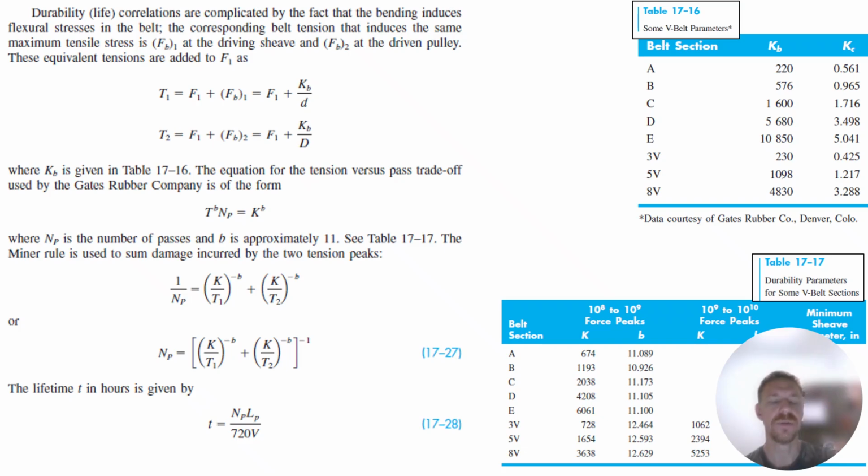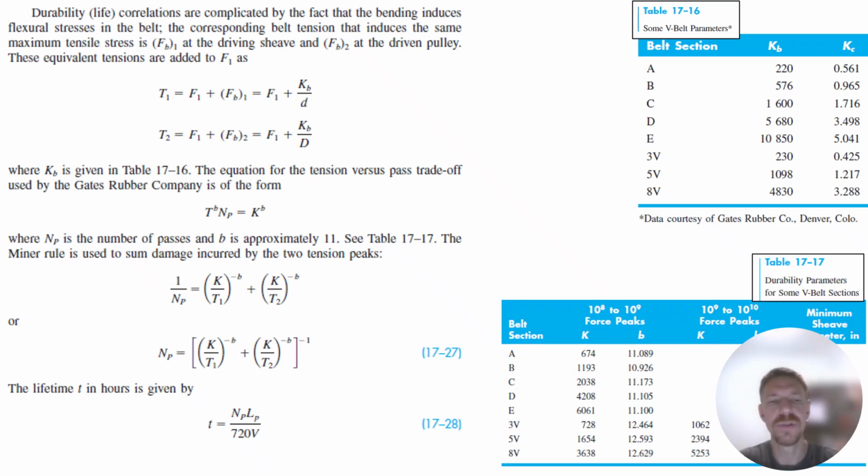Let's jump down to equation 17-27, where N sub P is the number of passes, and it's calculated using Miner's rule, which is a way to estimate fatigue life when you have varying amounts of maximum stress. It sums up the damage to estimate fatigue life.